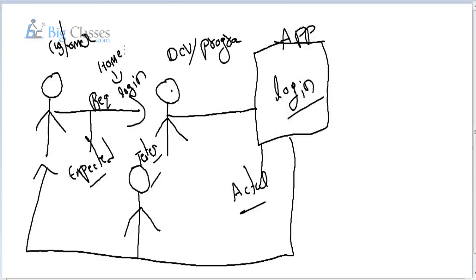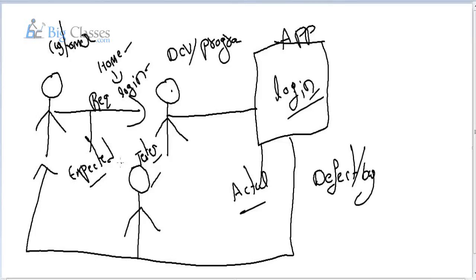See, the customer expectation is home page first, second page login. But my developer directly built the login page. Okay, sir, I understood. It is false, meaning not equal. Whenever the expected value is not equal to the actual value, it is called a defect, or bug. Understand? Simple one thing, guys.